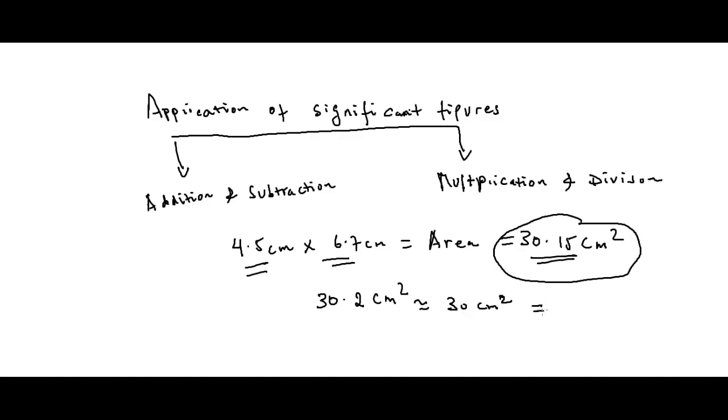So the best way to address this is to write 3.0 times 10 to the power of 1 centimeter square. If you write it this way, one can easily tell that this has two significant figures. This is how we apply significant figures.